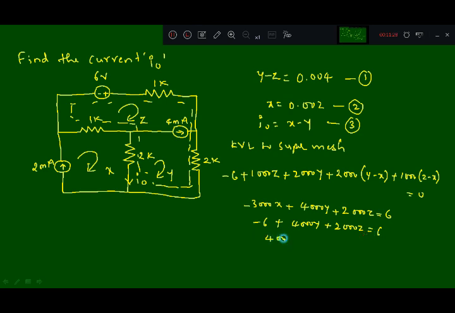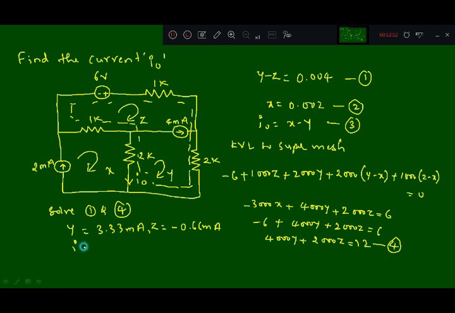Then it is 4000 y plus 2000 z is equal to 12. This becomes equation number 4. Okay, solve 1 and 4. You will get y is equal to 3.33 milliamps, z is equal to minus 0.66 milliamps.